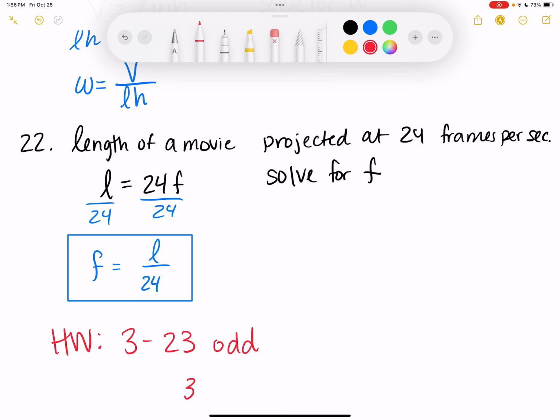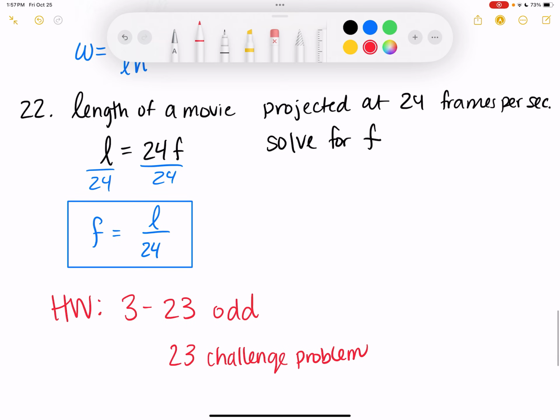Number 23 is more of a challenge problem because it's going to require you to do a lot more steps, okay? So I want you to do your best on it. It's multiple choice, so that should help a little bit. But I want you to do your best and then remind me on Monday and we'll go over number 23 because I will probably forget by then.